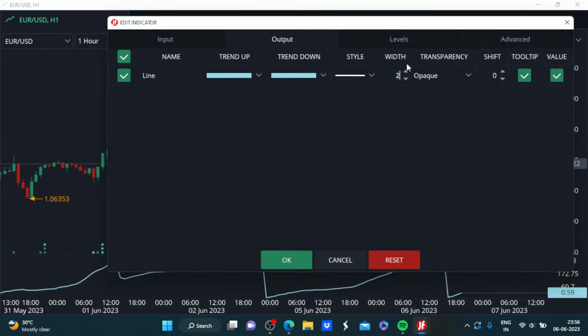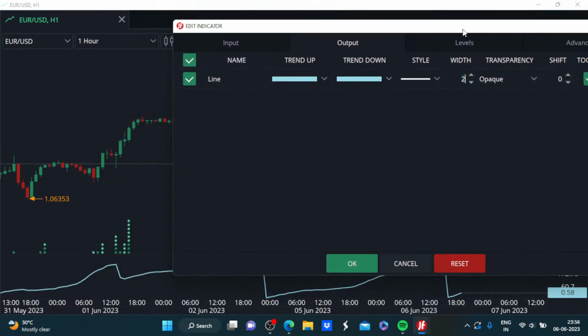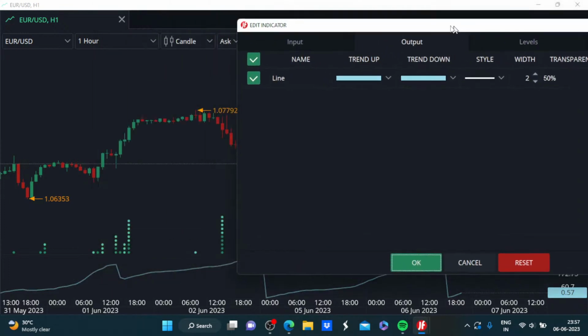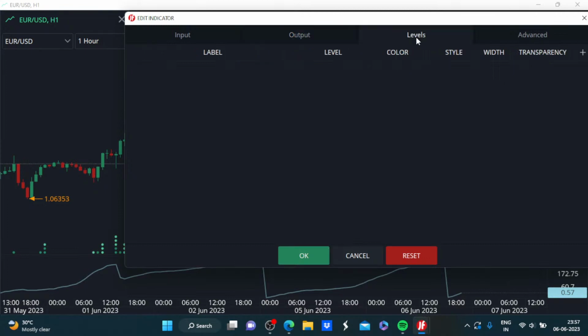Width, if you feel that it is not looking prominent enough, you can increase the width and make it look much more prominent. And if you feel that it is looking too prominent on the chart, you can simply increase the transparency factor and it will become a lot less prominent, and you can have multiple indicators added on the chart without making the chart look too cluttered.